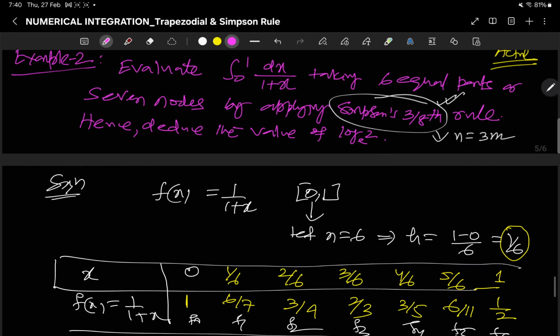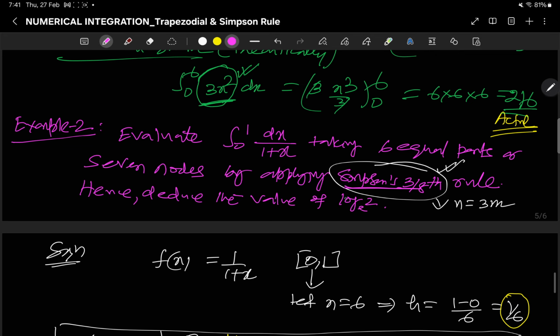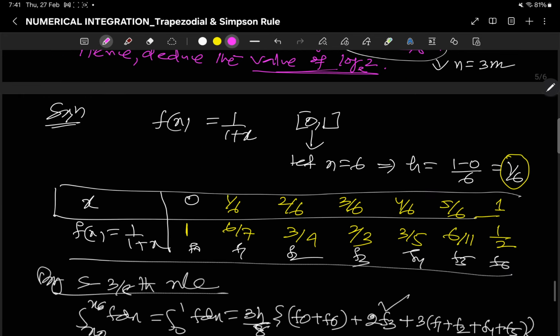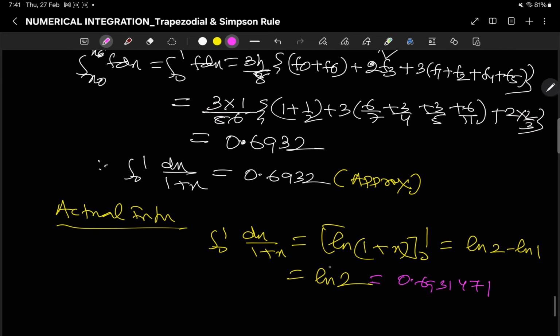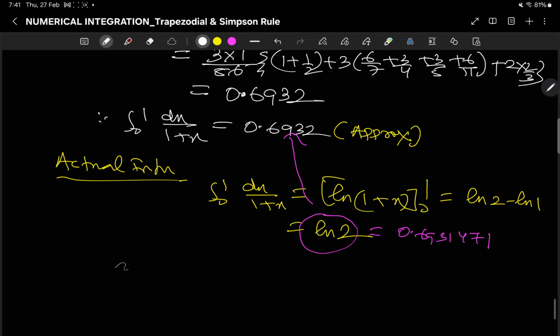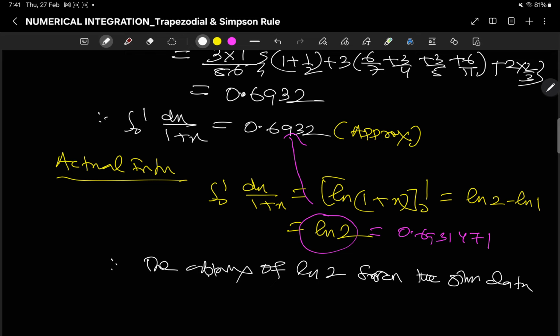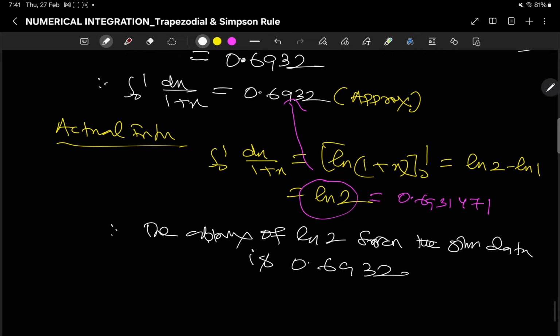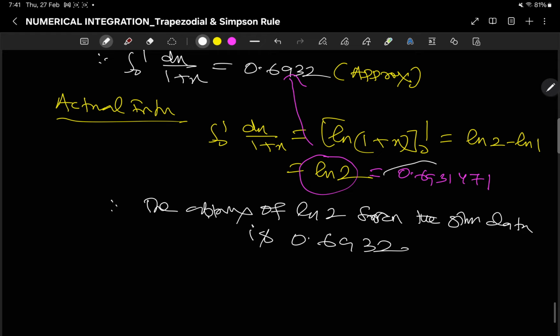However, we are asked to use numerical integration to approximate the value of log 2. That means here log 2 is approximated to this. Therefore, we can say the approximation of ln 2 from the given data is 0.6932. If we are asked to find the error, then we may take the difference of these two.